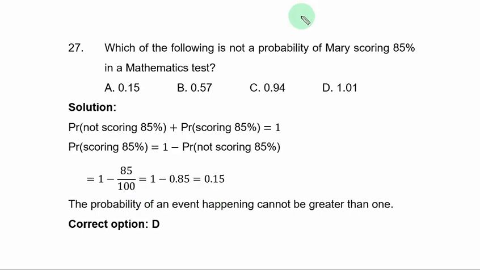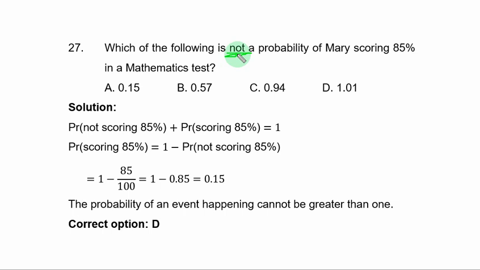Question 27. Which of the following is not a probability of Mary scoring 85% in a mathematics test? Not, that means it's not possible. In probability, the highest possibility is 1.